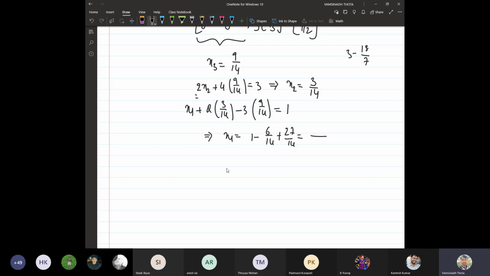You simplify this one, 14 minus 6 is 8 plus 27 is 35, so that is 5 by 2. So the solution is x1 is 5 by 2, x2 is 3 by 14, and x3 is 9 by 14. It is the solution for the given system of equations.